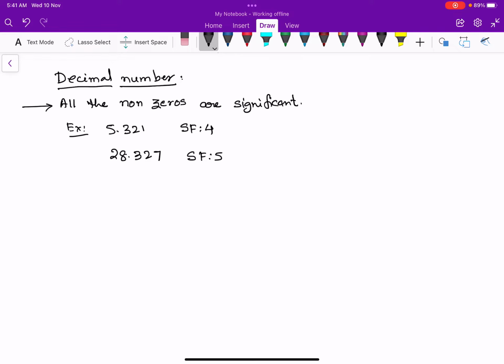And next, all the zeros between non-zeros are significant.